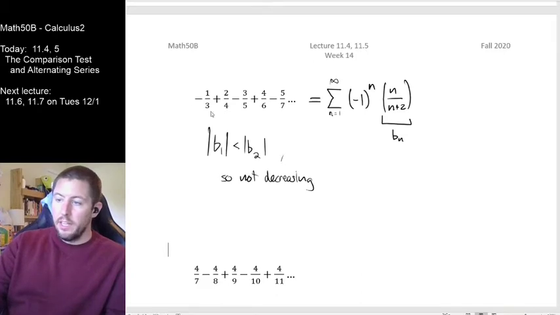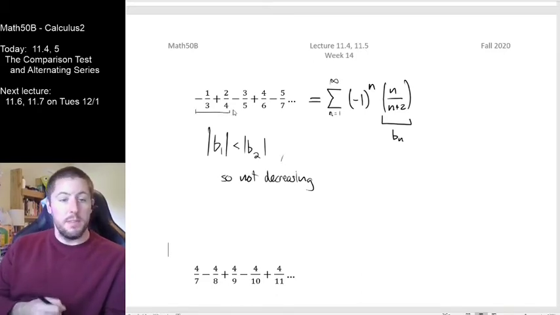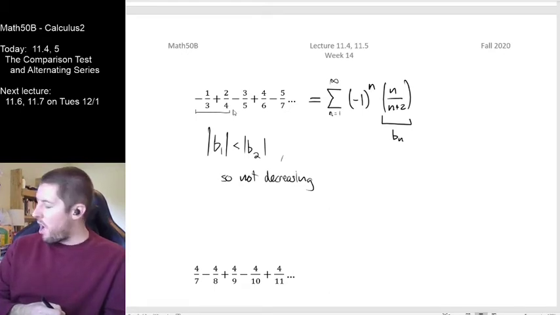So right away, literally just by looking at the first two terms of the sequence, I already know that according to the alternating series test, we're not getting any information about this guy. I already know that because this is not a decreasing series.